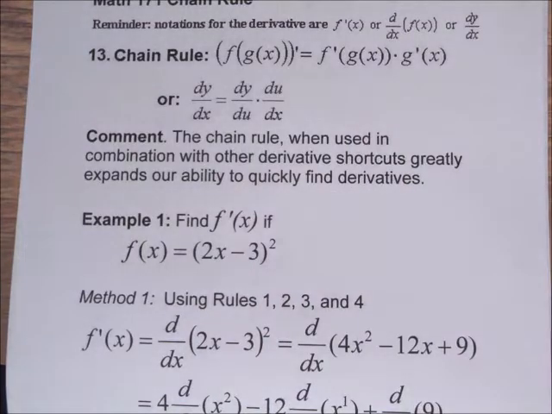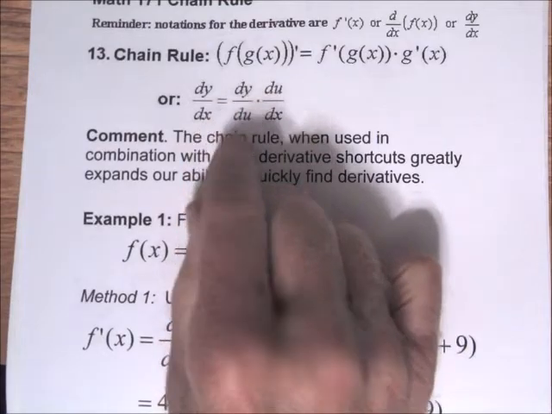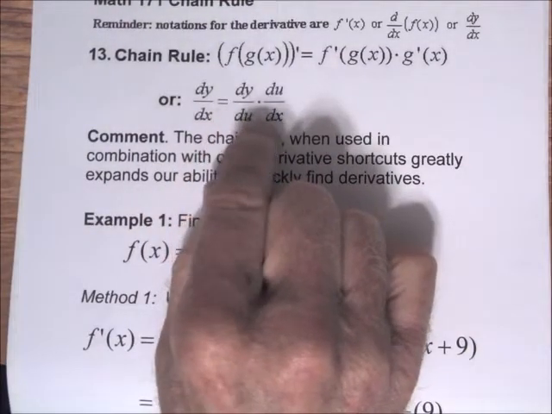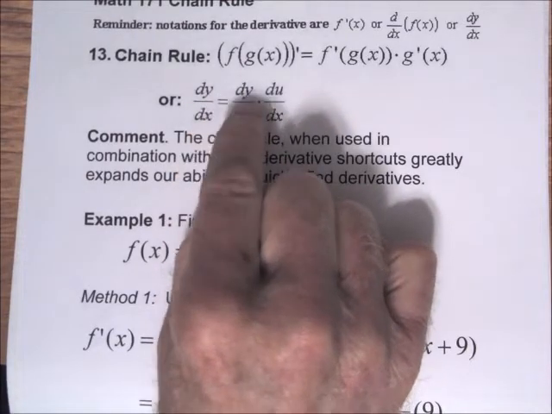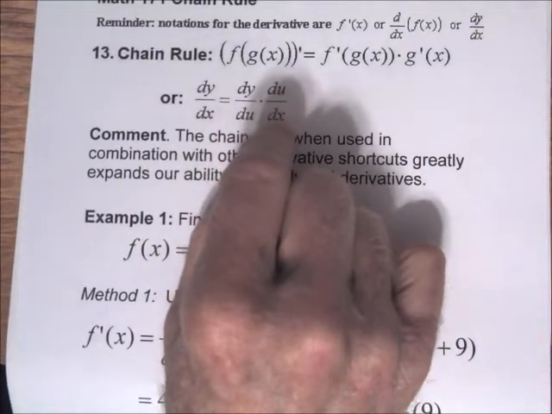Function notation makes the composition more obvious, although oftentimes it's more convenient to use Leibniz notation. I think it's a simpler looking formula in Leibniz notation: the derivative of y with respect to x is equal to the derivative of y with respect to u times the derivative of u with respect to x.